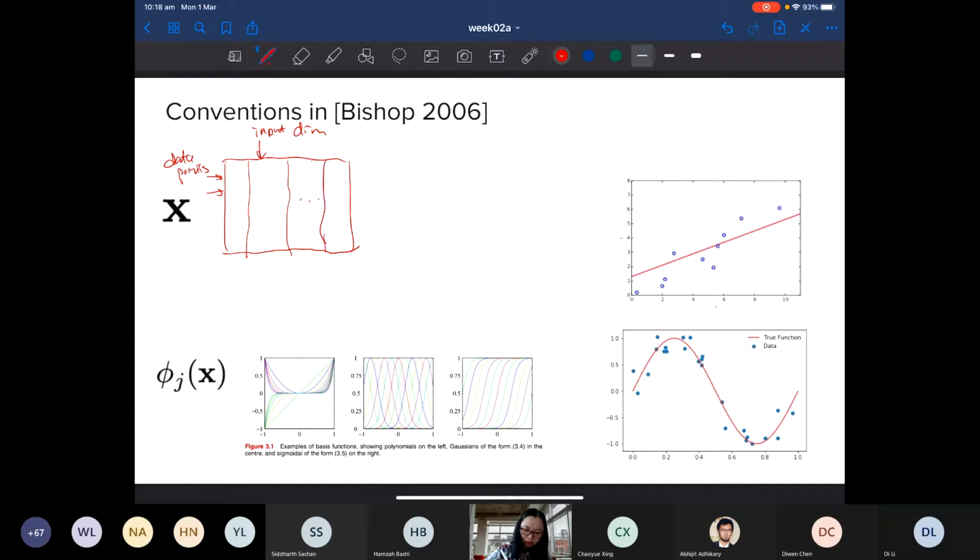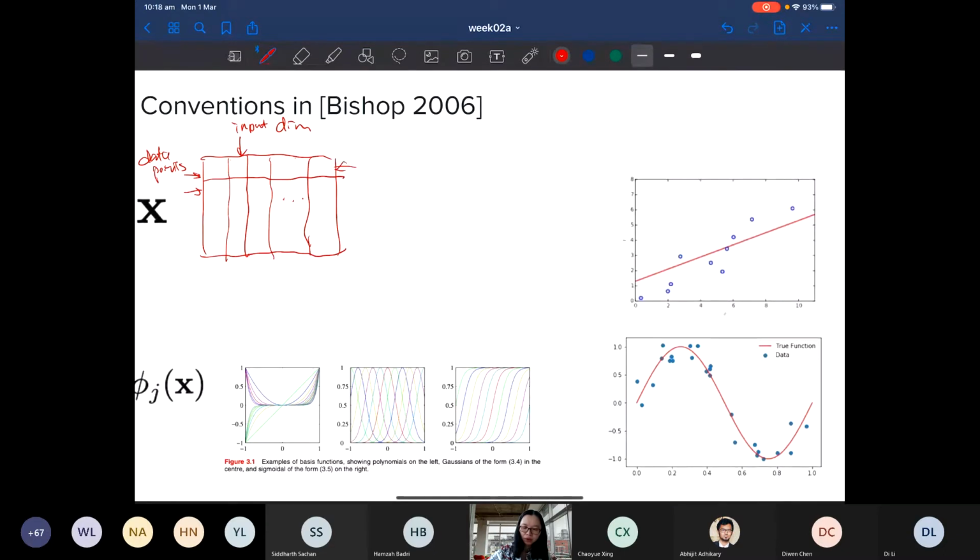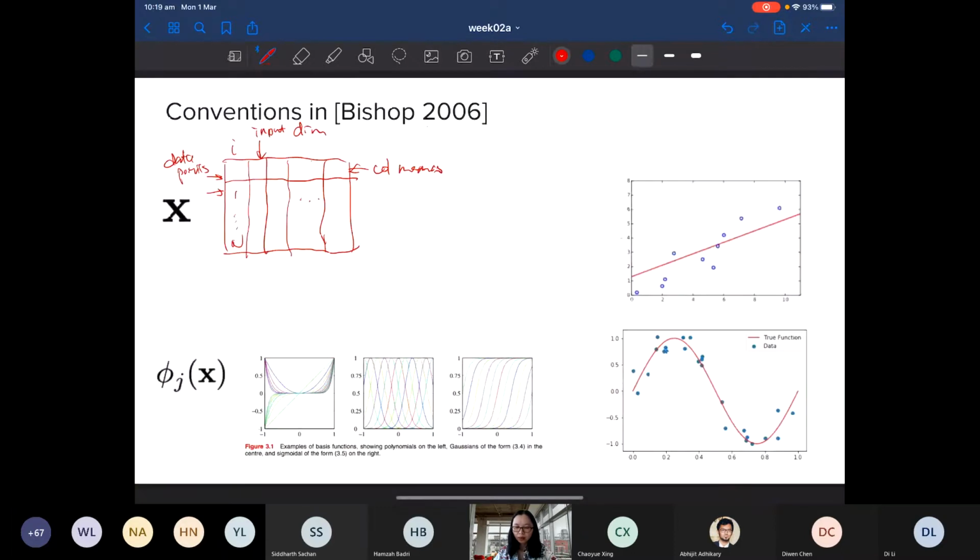So we can think of it like this: the first row maybe column names, and the first column might be data indexes, right? Data i goes from 1 to n, and then these are values. We also think of them as the original input space.